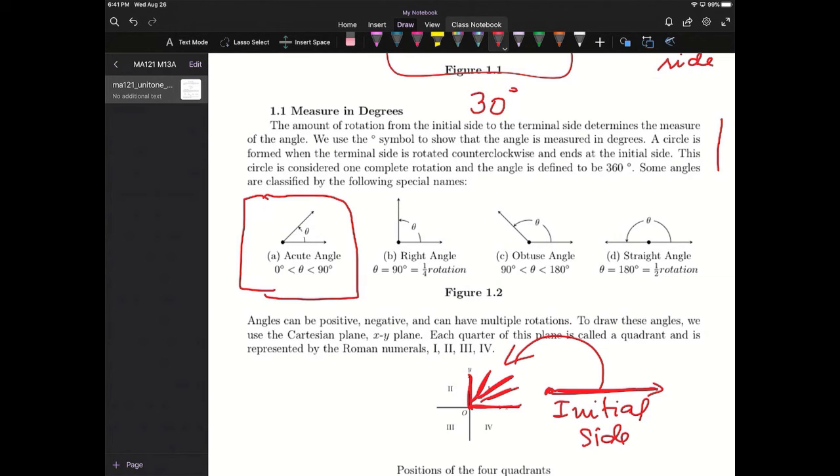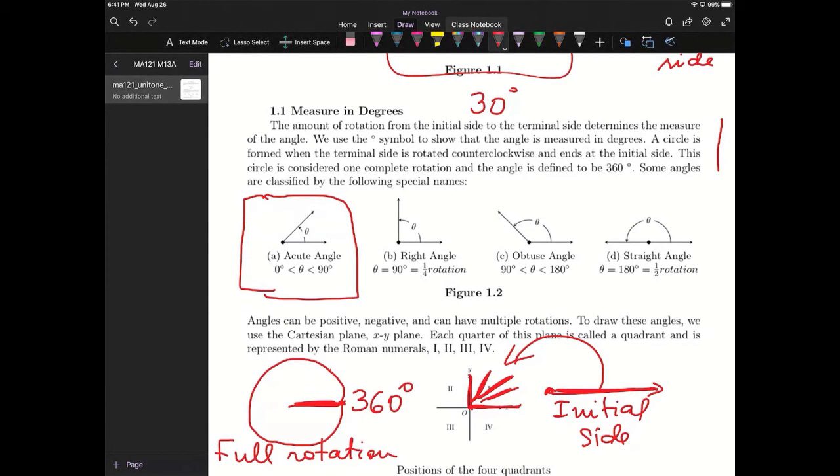Of course, the angle equal to 90 degrees exactly corresponds to a quarter rotation, right? Because if you go from the initial side and rotate all the way and come back to the same position, you have a full circle, a full rotation. And that full rotation corresponds to 360 degrees.